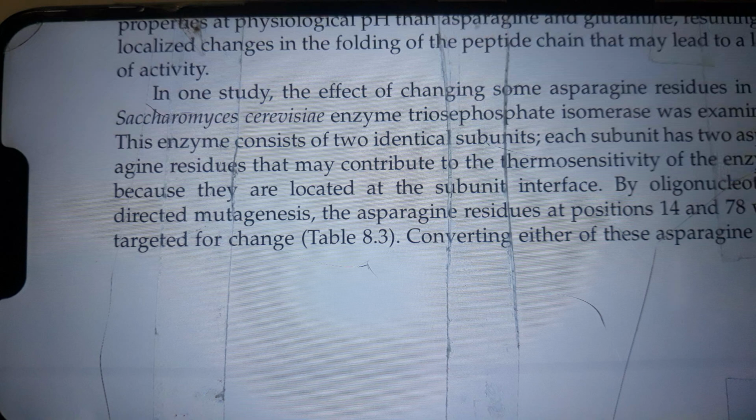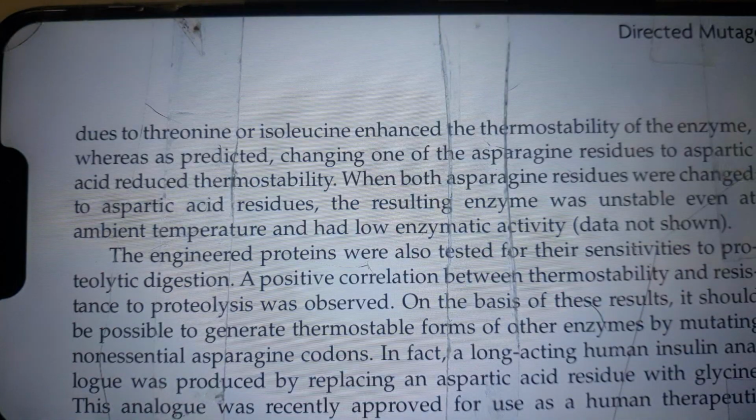By oligonucleotide-directed mutagenesis, the asparagine residues at positions 14 and 78 were targeted for change. Converting either of these asparagine residues to threonine or isoleucine enhanced the thermostability of the enzyme, as predicted.